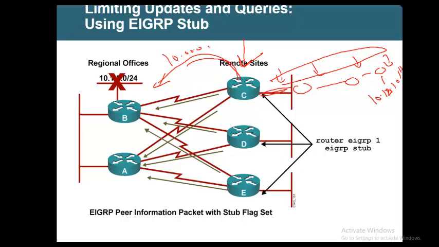That's a summary. So if B wants to know about this network, definitely the query will go here, because C has told that this network, I'm responsible. It won't go to any other router because they have not taken the ownership.